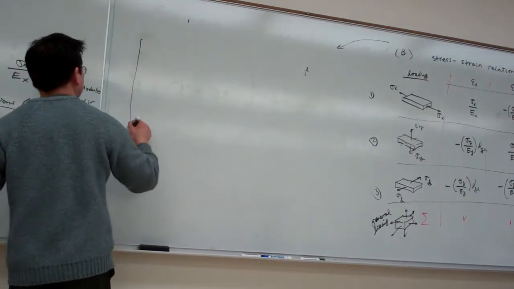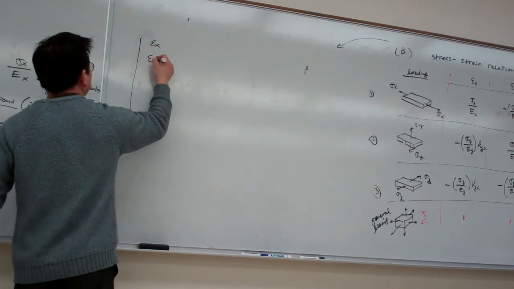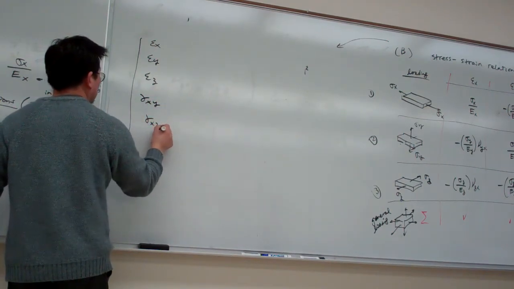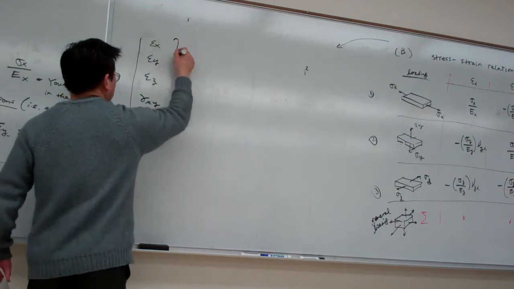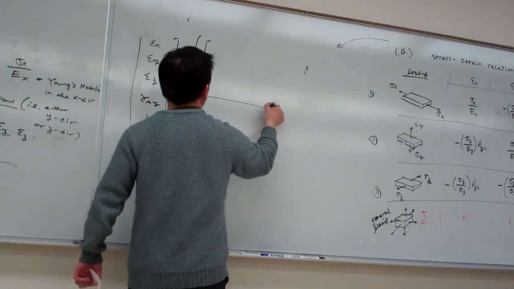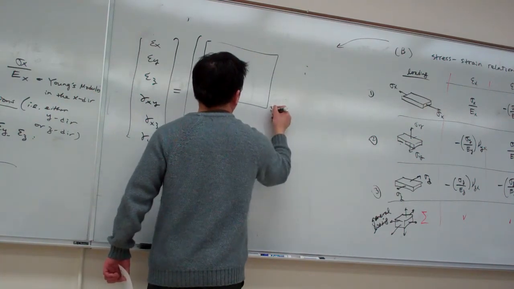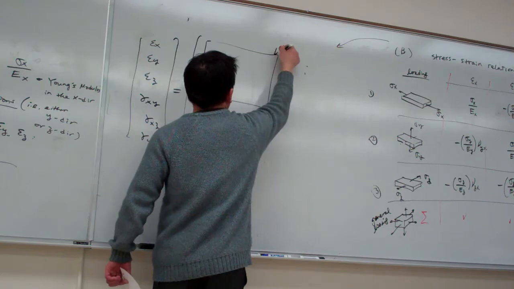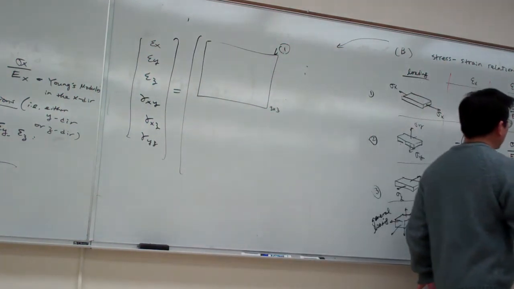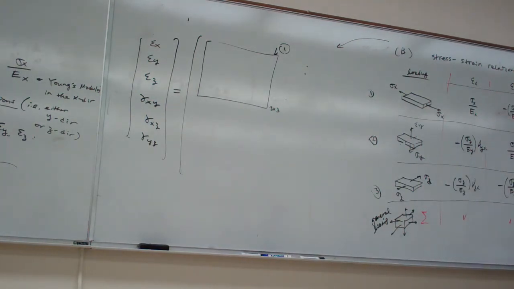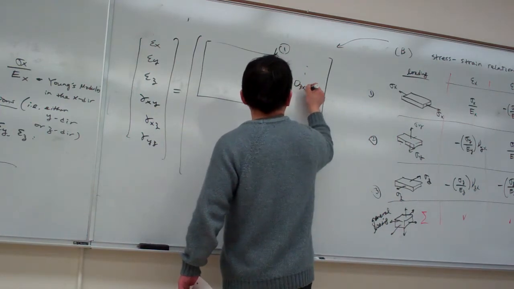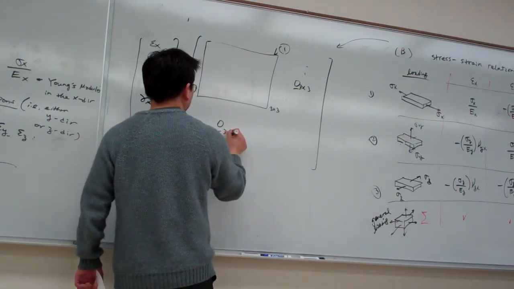The strains epsilon x, y, z, gamma xy, gamma xz, gamma yz. You don't need to write this, but it gives you the idea. So this is the matrix. Let me call this matrix 1. Fill the context here, and then this is 0, 3 by 3, and this is 0, 3 by 3.